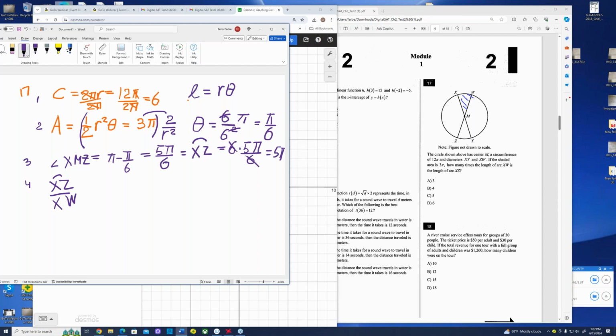XZ I just found is 5 pi. And angle theta, okay, you have to divide by pi over 6.